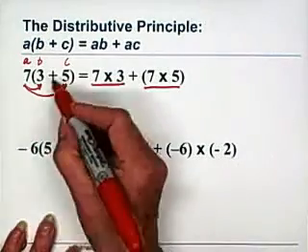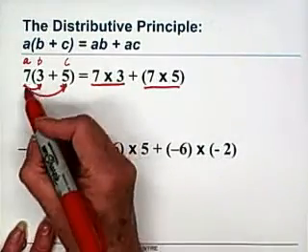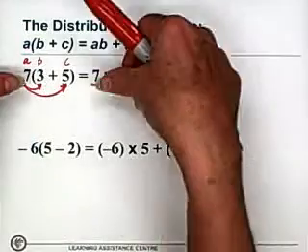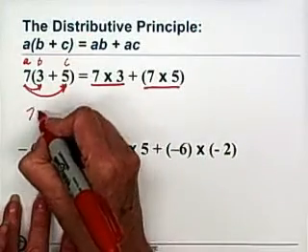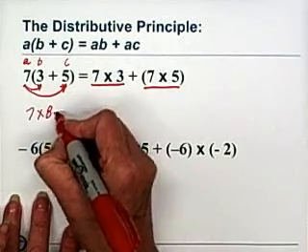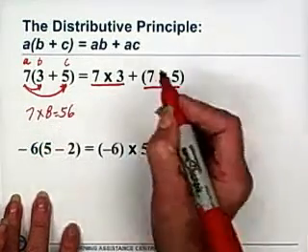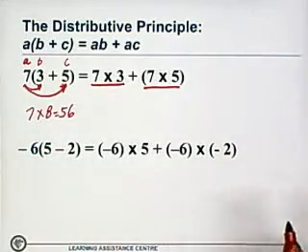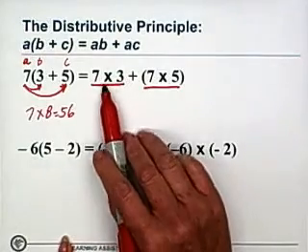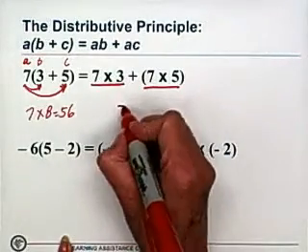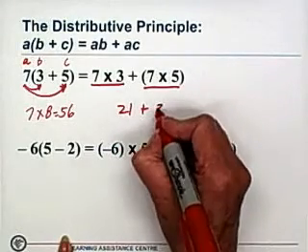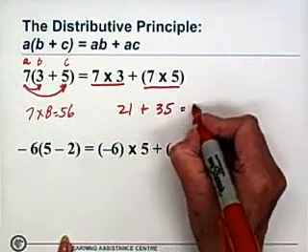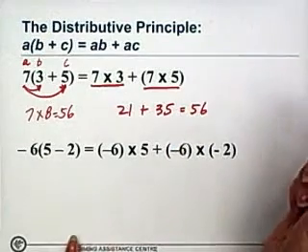Now if we work through the calculations here, 3 plus 5 is 8, so this is actually 7 times 8. 7 times 8 is 56. And if we calculate this one, we know 7 times 3 is 21, plus 7 times 5 is 35. So again, we have 56. So these clearly equal one another.